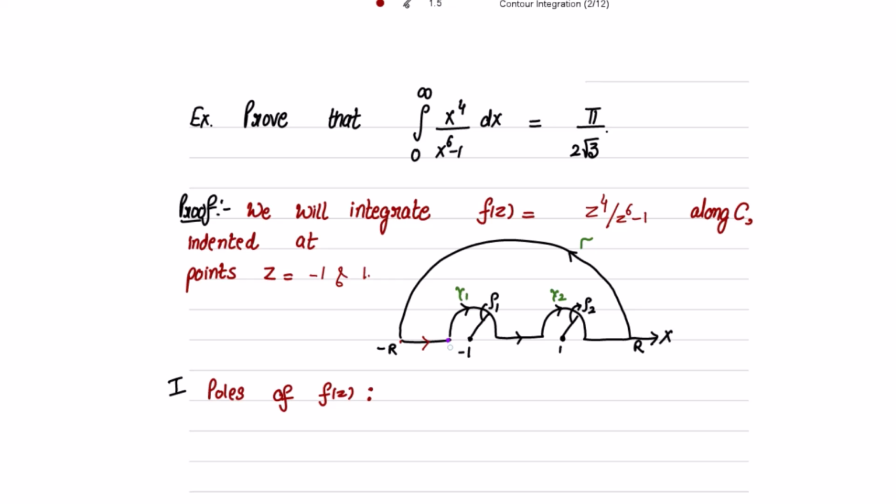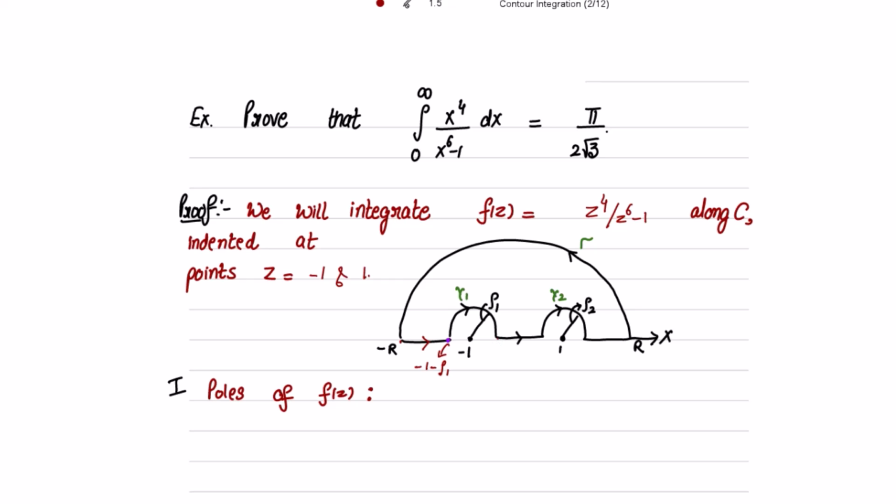What is this point now? Because this is -1 and this radius is also negative, this point will be -1 plus negative rho 1, so it becomes -1 minus rho 1.